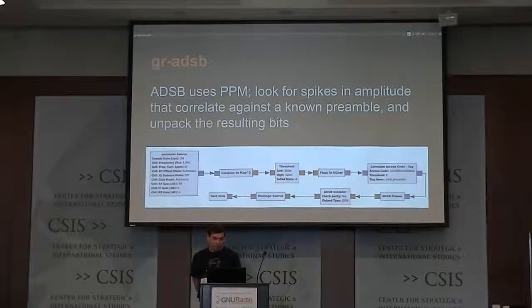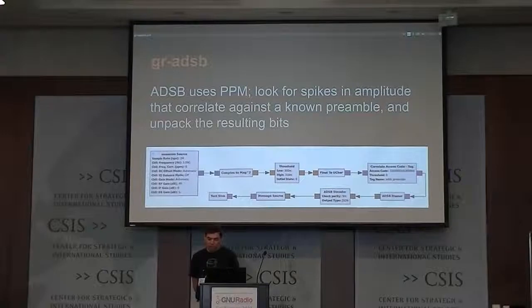So in this case, we just take whatever source we've got, feed it through a conversion to magnitude. The threshold block, the levels here were quite empirically determined, so if you're getting garbage out of your decoder or not getting anything out, that would be a fantastic place to put a time sink and see what your output levels are and see if you need to adjust your threshold block or your receiver gain appropriately.